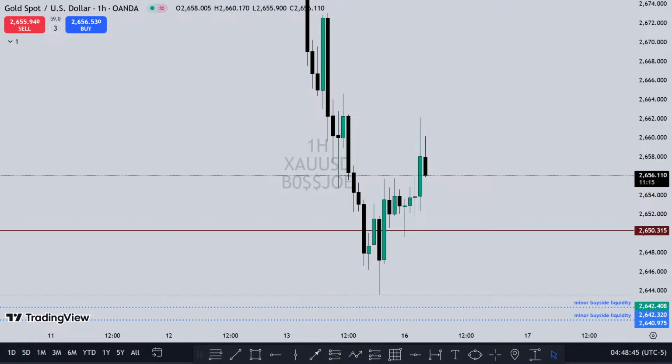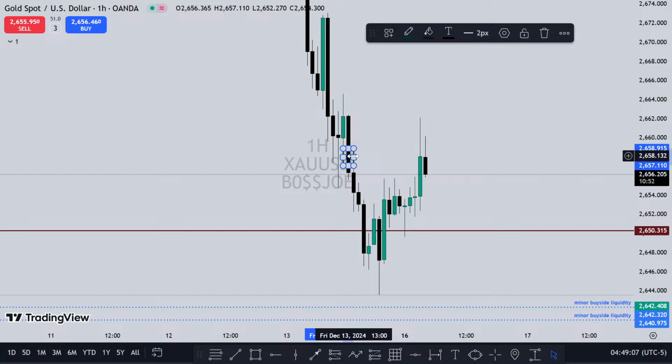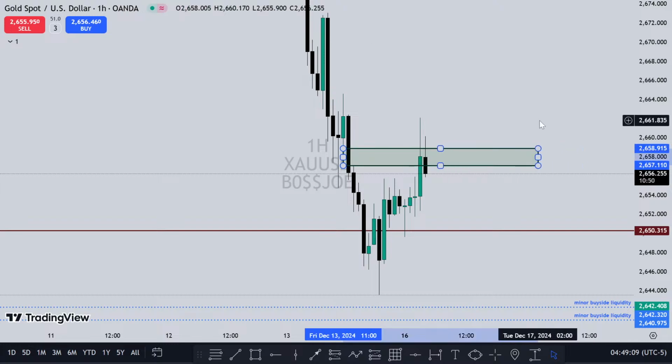You notice that there is a kind of fair value gap right here. We say a fair value gap is a triple candlestick pattern in which, if it's a bearish sentiment, the low of the first candle does not overlap with the high of the third candle. So this now is a valid fair value gap. So we draw something out like this.